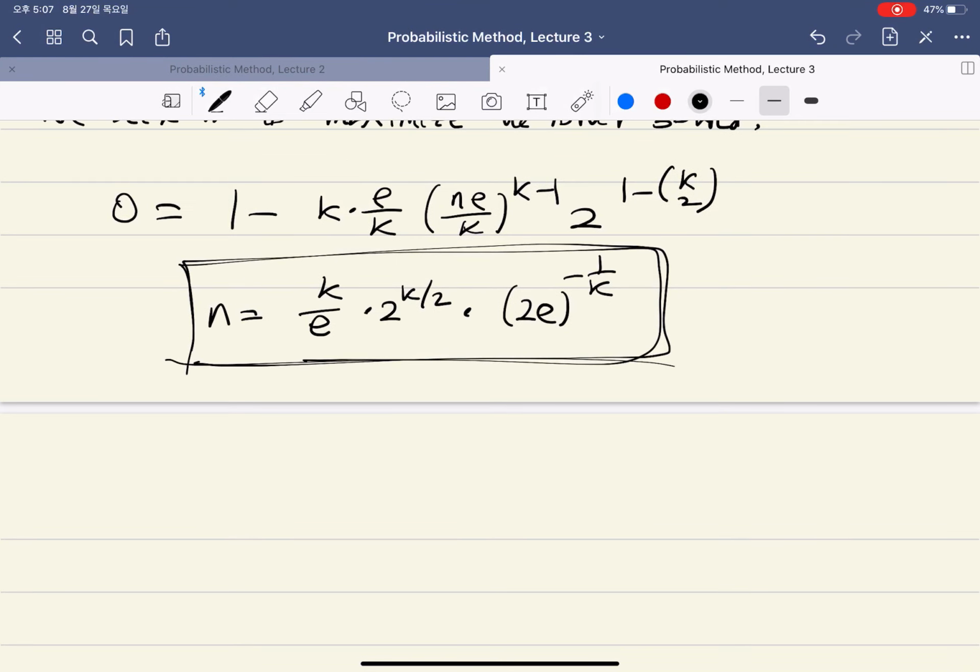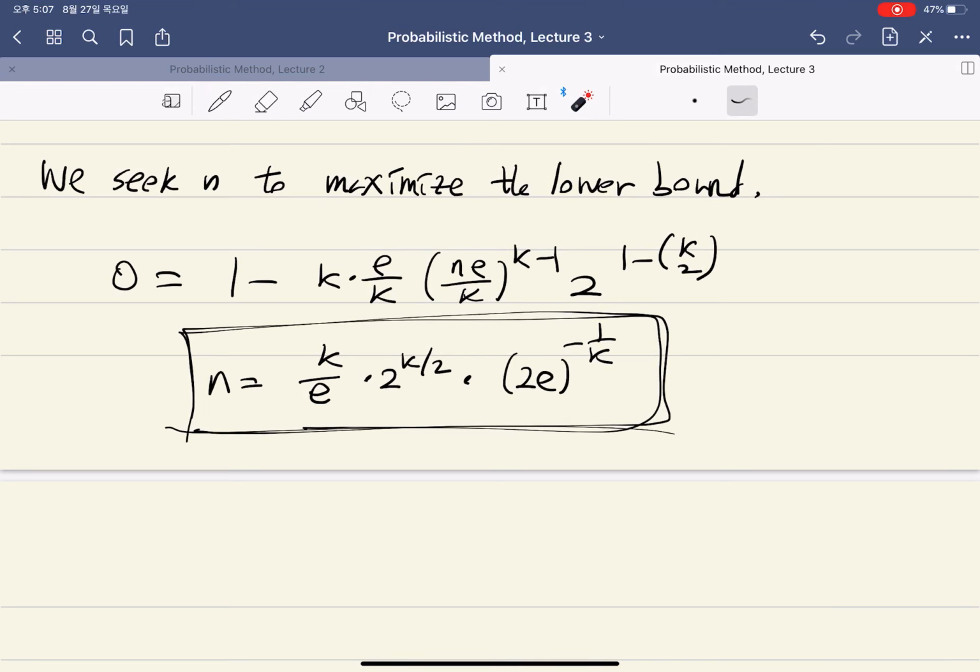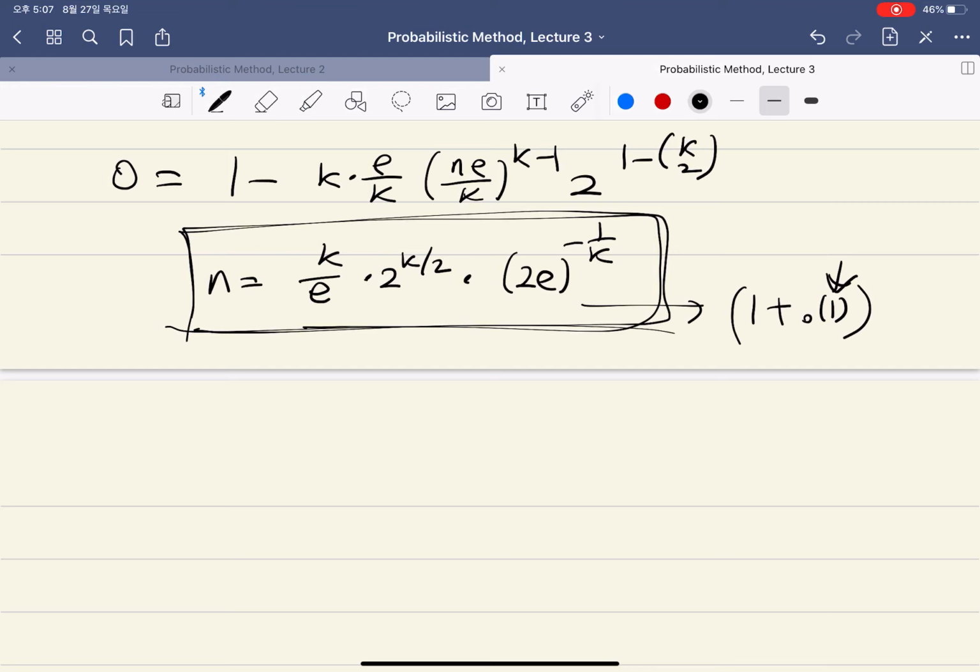It's basic calculus. But as k grows, this is almost 1. So this is actually 1 plus little o of 1, a function which goes to 0 when k goes to infinity.